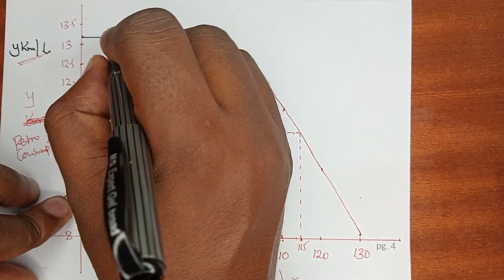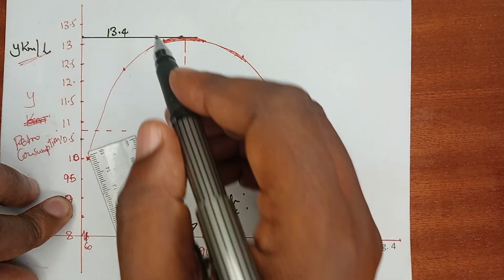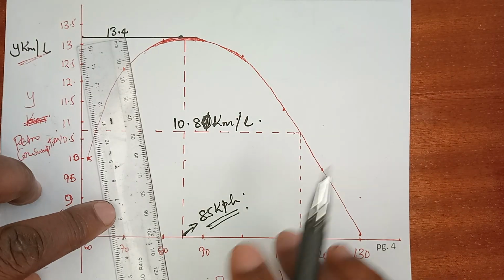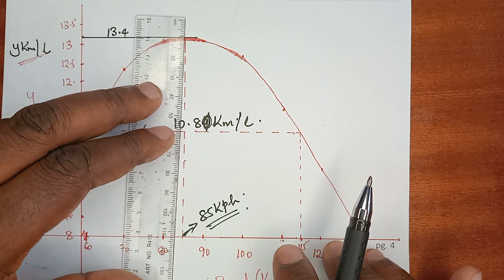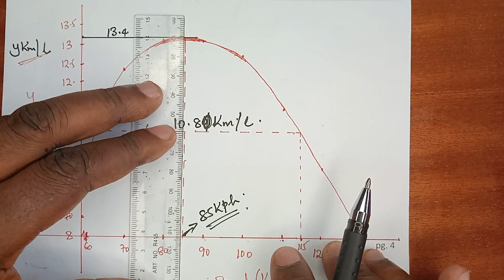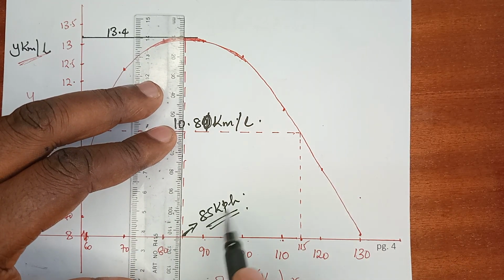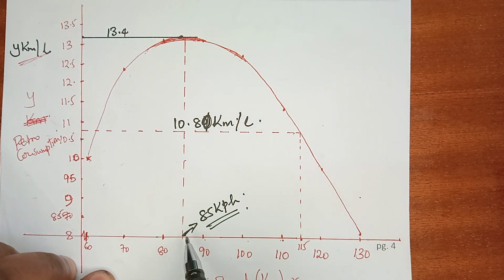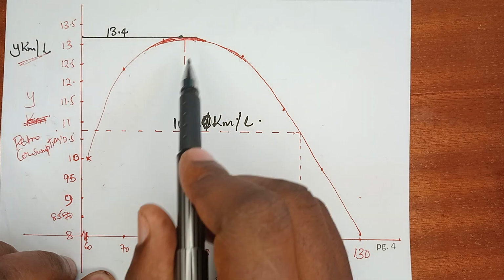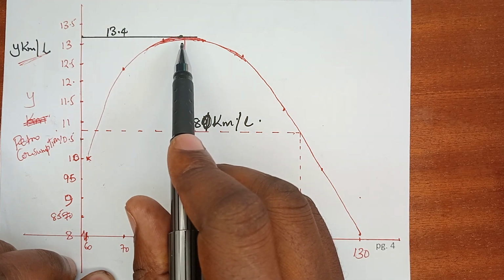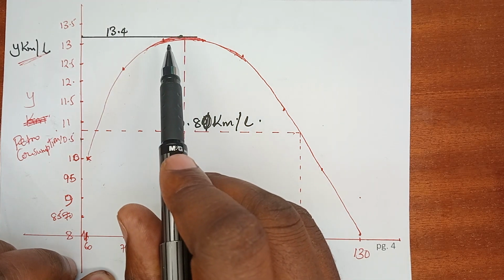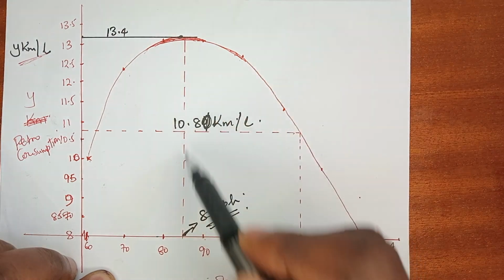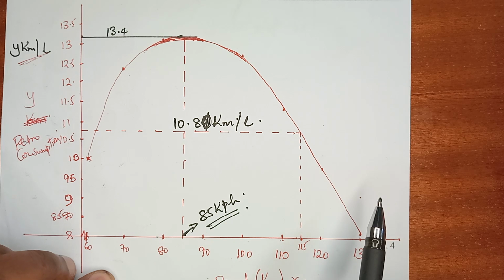We can talk about 13.4 kilometers because this is 13.3 and this is 13.3. And the speed responsible for that conservation is around 85 kilometers per hour. So when the car is traveling at 85 kilometers per hour, it travels 13.4 kilometers with 1 liter of petrol.